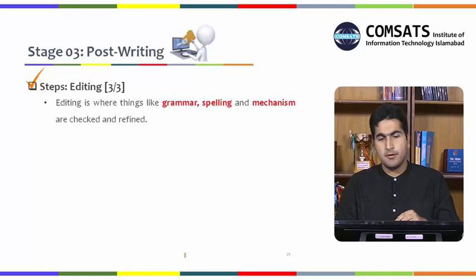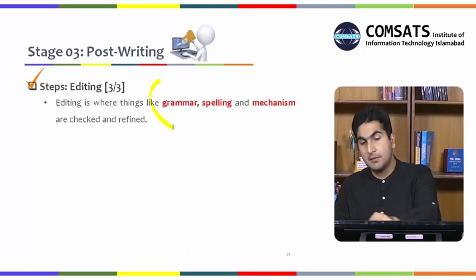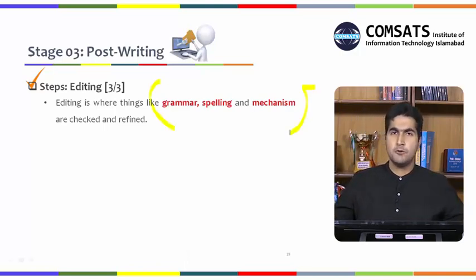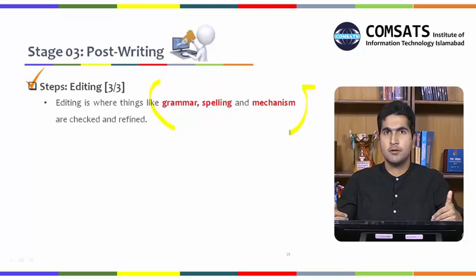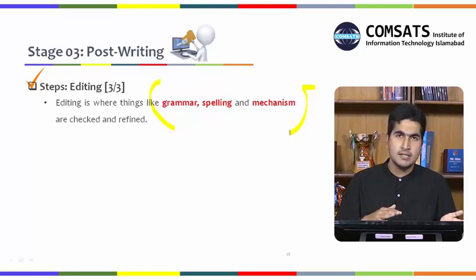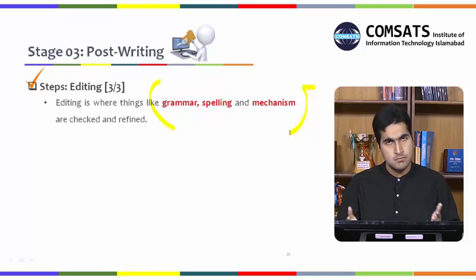So grammar, spelling and mechanics means the manner in which you are moving from one piece of information to the other. So what's your mode? Everything is being checked, and this is the place where you have the space of adding something, removing something. If you consider it, it will make it better. So this is the point to do these things, and that is why grammar, spelling and mechanics are to be checked and refined.